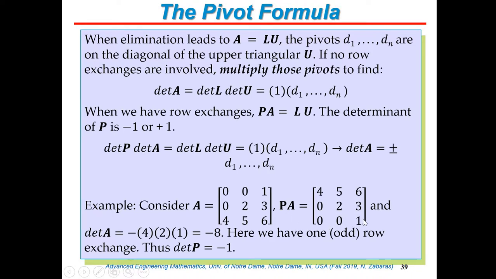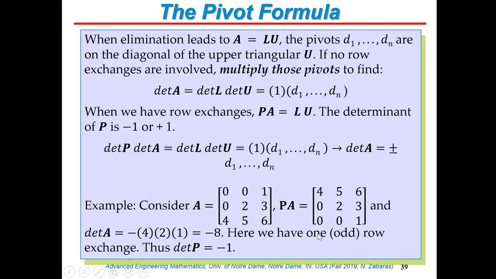And here you actually don't have to do any further factorization to compute the determinant, because you can immediately see that this matrix is already in an upper triangular form. So the determinant of this matrix is going to be the product of the pivots, which is 4 times 2 times 1, but also a minus 1 sign because we have done one row exchange.